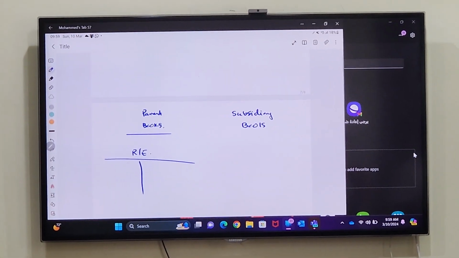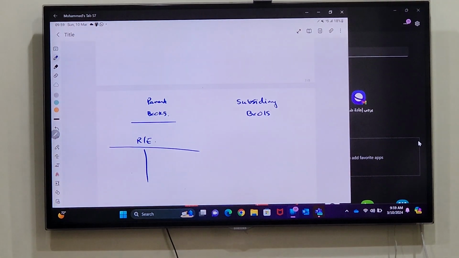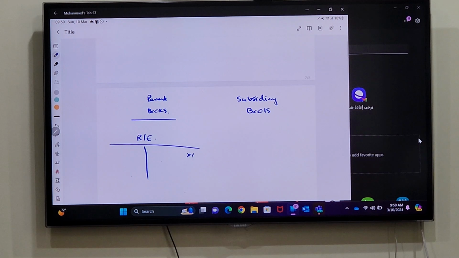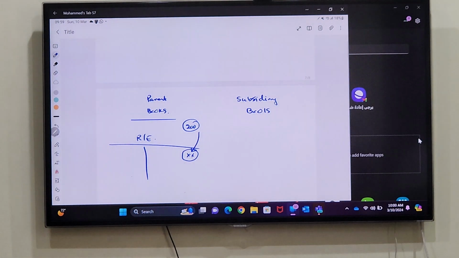So in downstream, the adjustment is very simple. Okay? So I have the parent book here, and then the subsidiary's book. In the parent book, I have the retained earnings. In the retained earnings, we have already got this balance including this 200. I have reported that 200 included there.